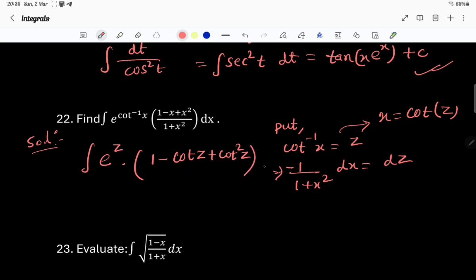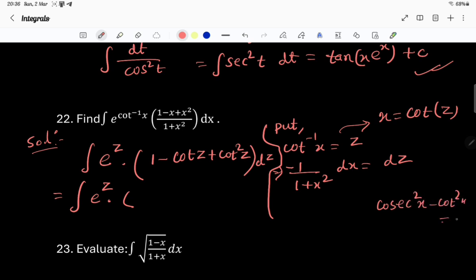It is coming dz. Okay, so it is coming e to the power z into 1 plus cot square z. You know what is that? Cosec square minus cot square. Cosec square x minus cot square x is equals to 1. Okay, so 1 plus cot square x is coming cosec square x. Can I write cosec square z minus cot z?